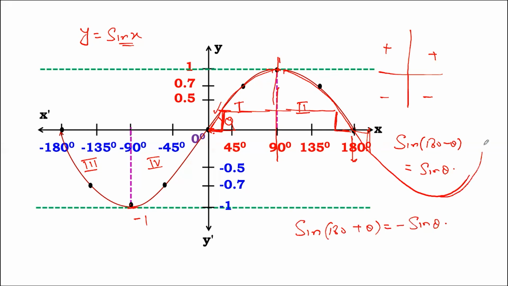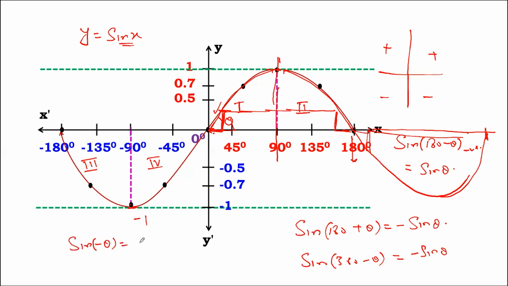And what if it's 360 degrees? From 180 to 360 the graph is negative only, so again the same graph with a minus sign. So these 4 formulas you must know, as well as sine of minus theta, that must be minus sine theta.